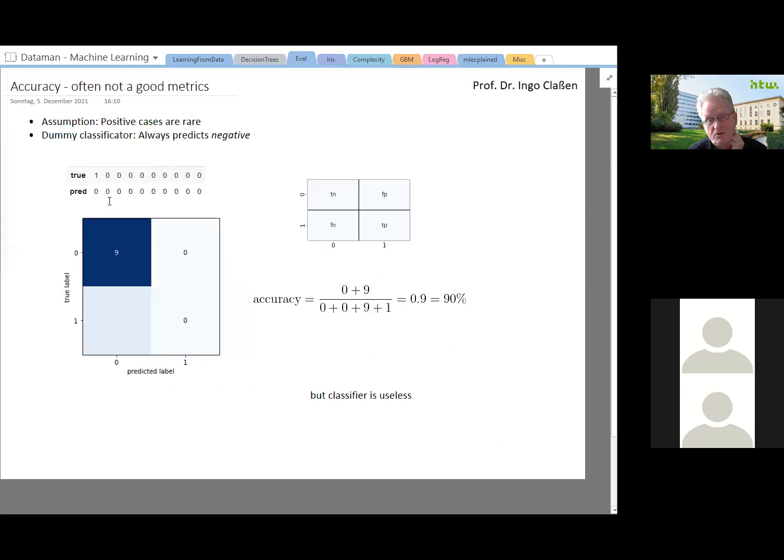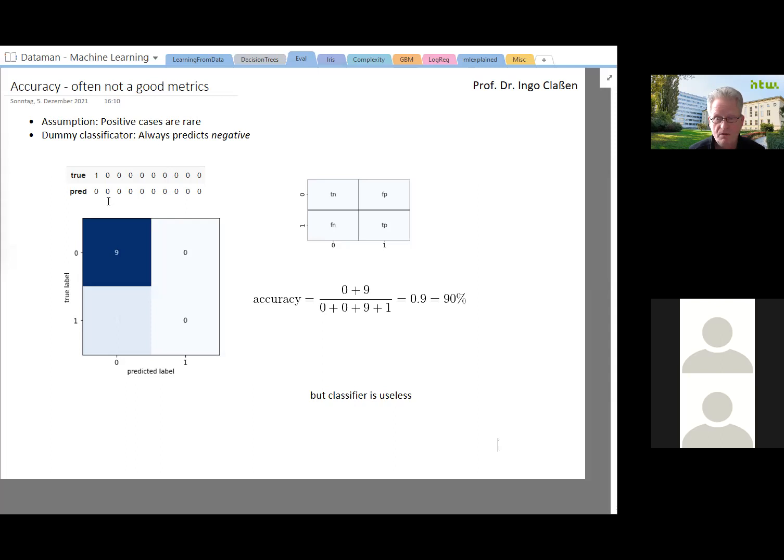What would be the recall for this one? How many were positive? 1.